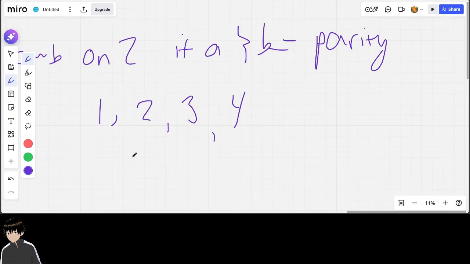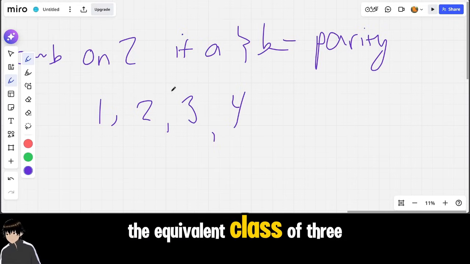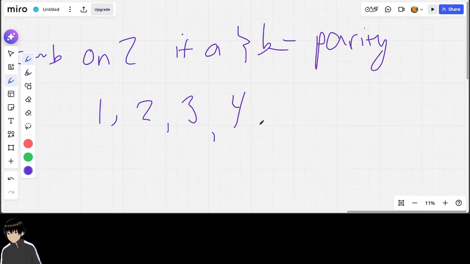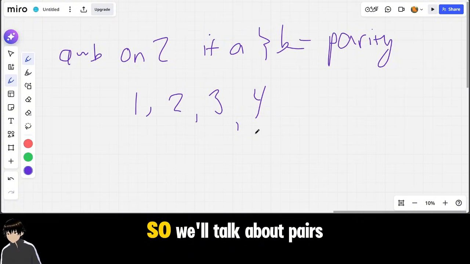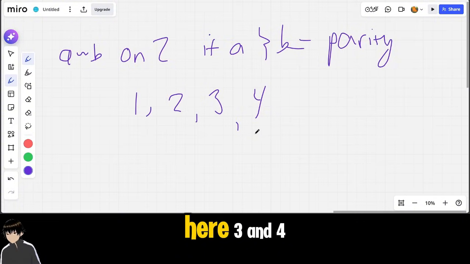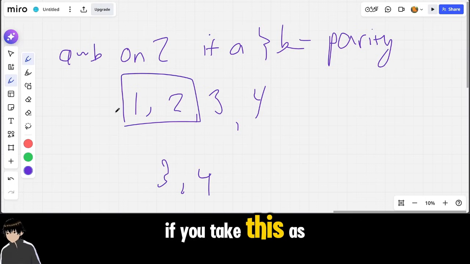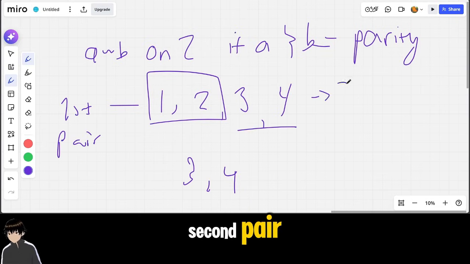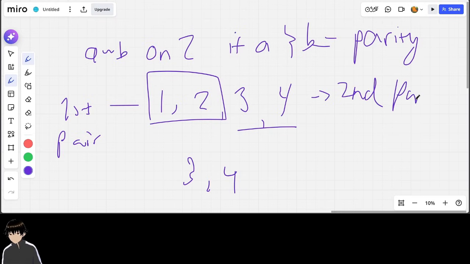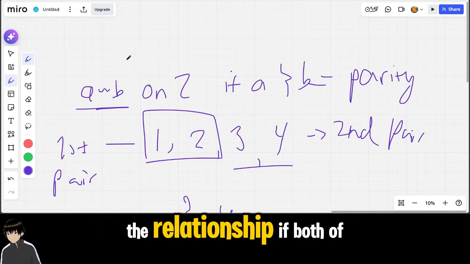So let's say the equivalence class of 3. We're talking about pairs here, 3 and 4. If we take this as the first pair, and we take this as the second pair, we're trying to find the relationship.